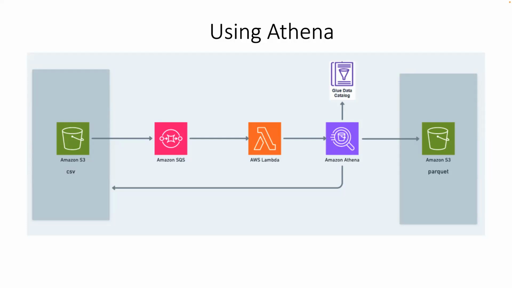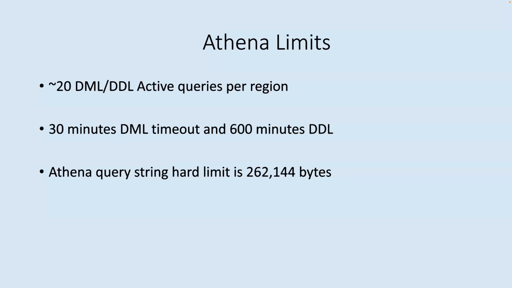And there are limitations to this as well, right? So these are some of the limitations around Athena limits, which is the DML and DDL active queries. I think by default you can have about 20. I think you can update it, but I don't think it goes a lot more than that. So that's the number of active queries.